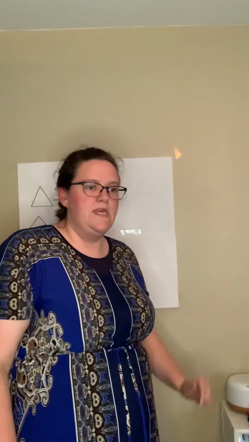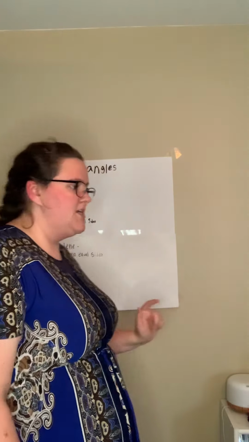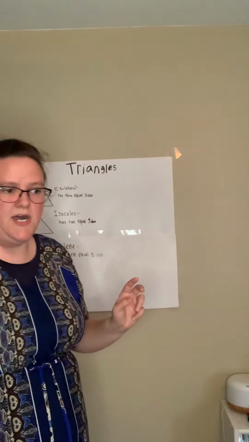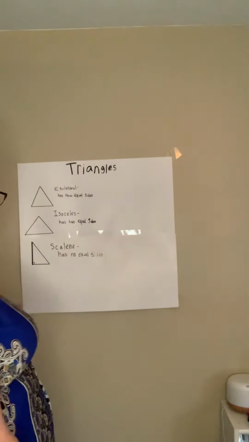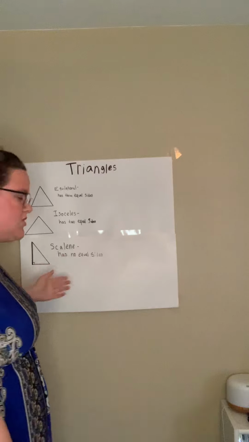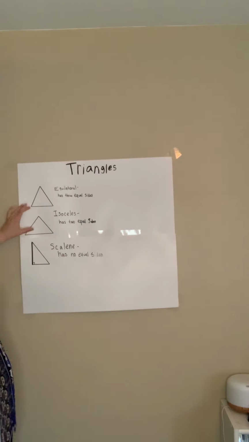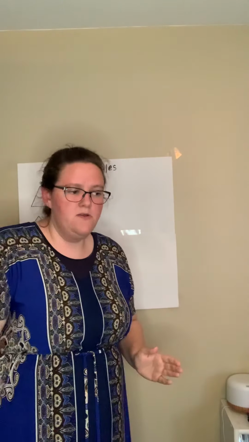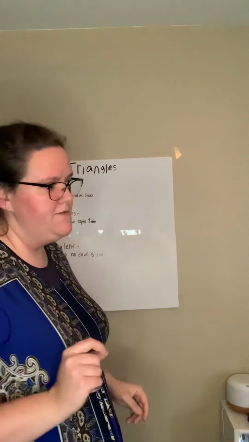And the second one is an isosceles triangle. Now the isosceles triangle is a little different from the equilateral triangle, meaning that this triangle has only 2 sides that are the same. Again, if I took a ruler and measured all 3 of these sides, 2 of them would be the same amount, but 1 would be a little bit different.